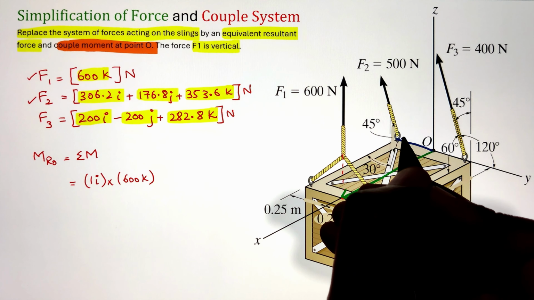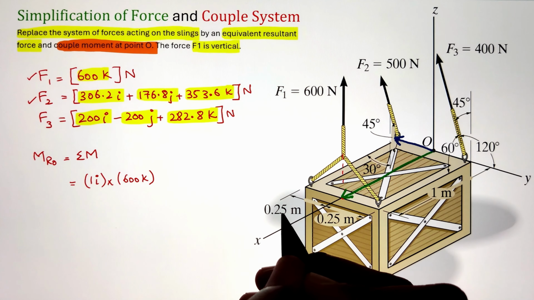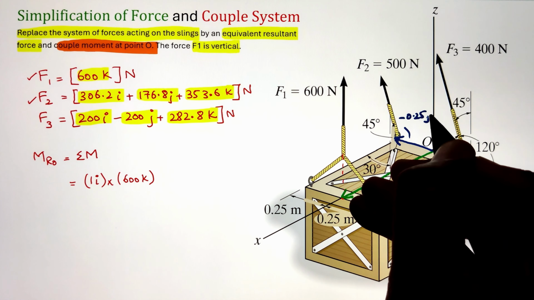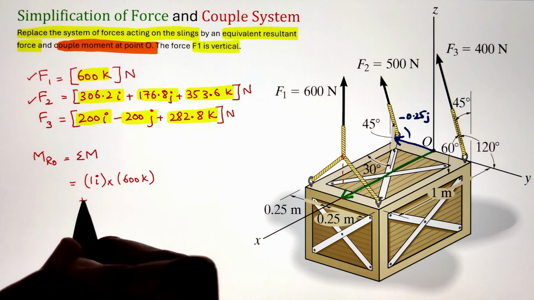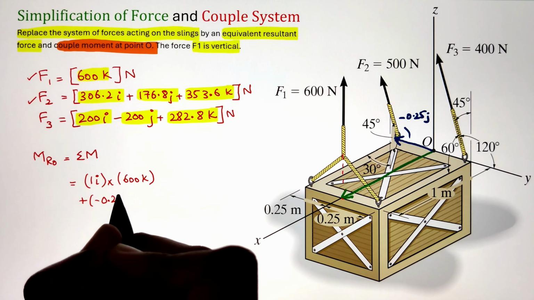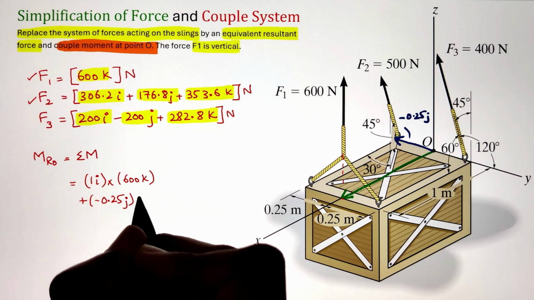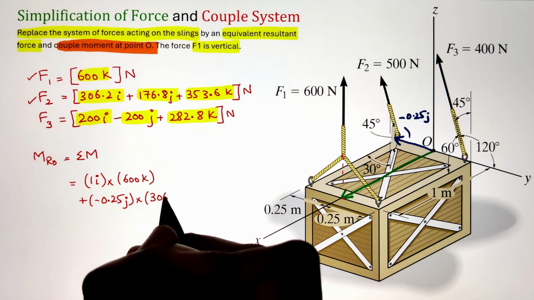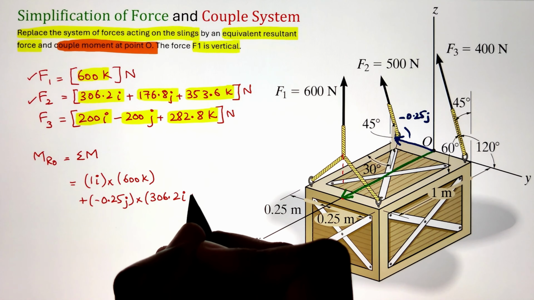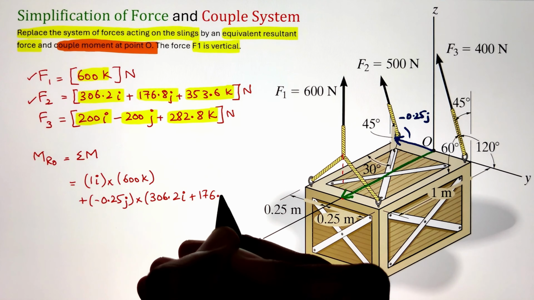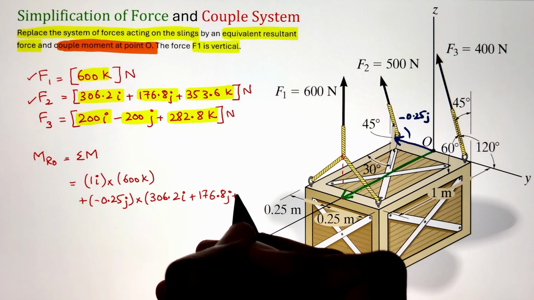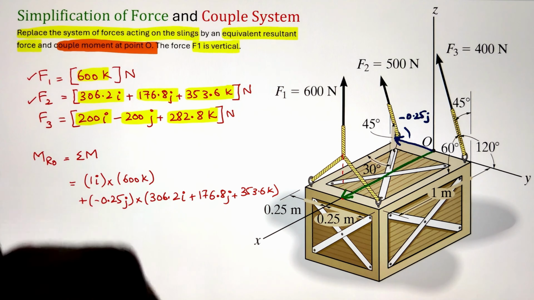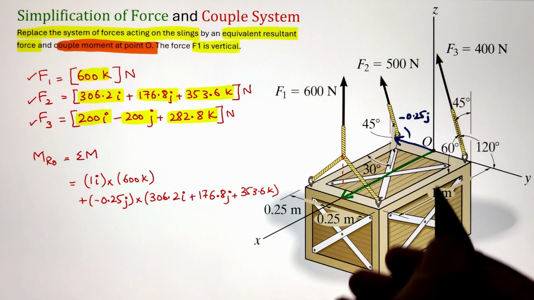Next, we can go ahead and figure out the position vector of force F2, again measuring from point O heading towards the F2 line of action. That distance is negative 0.25j. The negative sign indicates it is going in the negative y direction. Taking a cross product with F2 will give us the moment this force is going to create about point O. Finally, the moment arm of force F3 can be calculated in a similar fashion, from point O heading towards the line of action of F3.